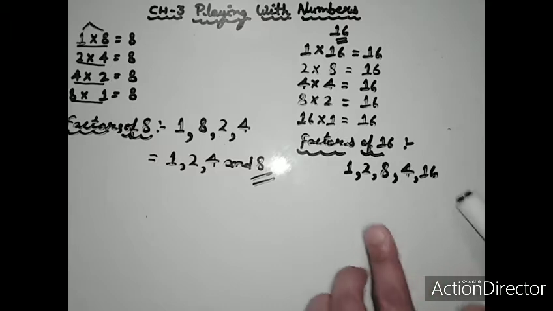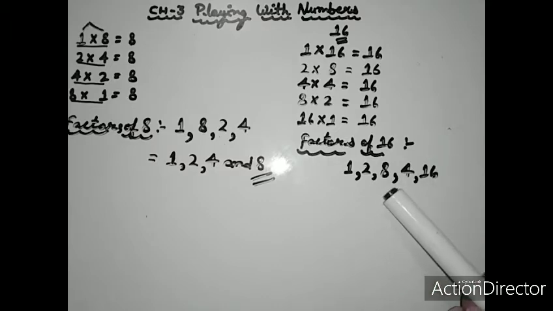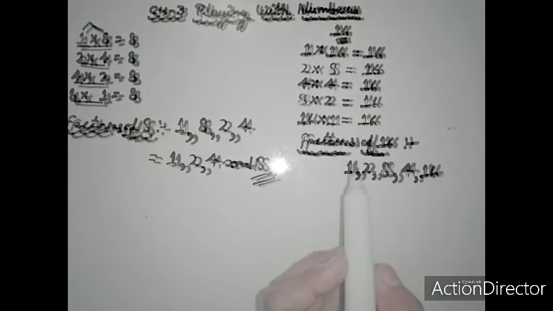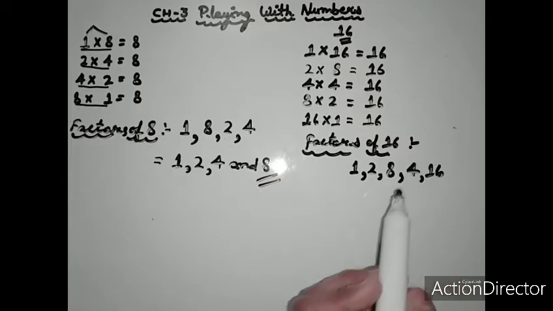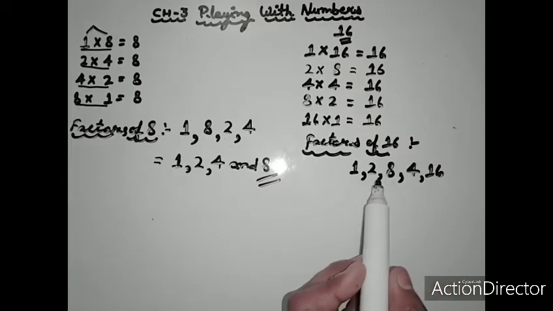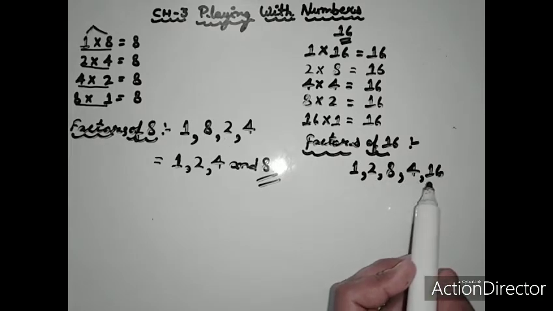So there are a total of 5 factors of 16 here: 1, 2, 8, 4 and 16. So here the factors of 16 are 1, 2, 8, 4 and 16.